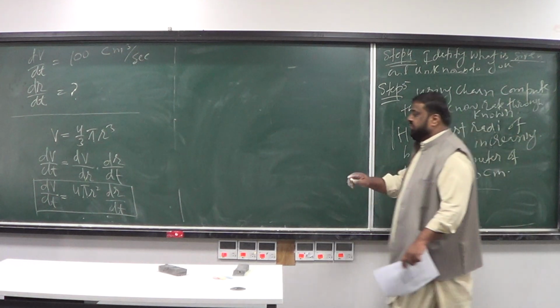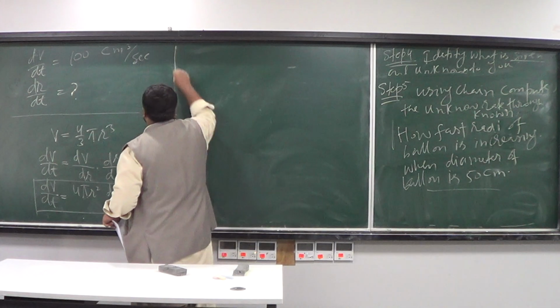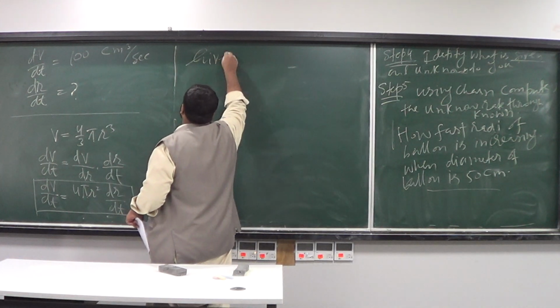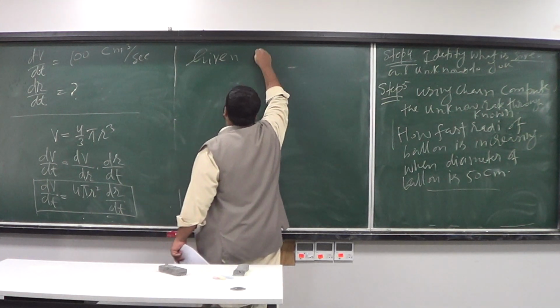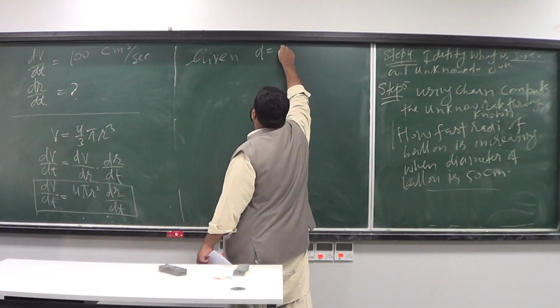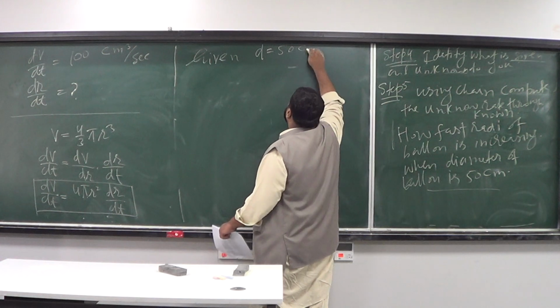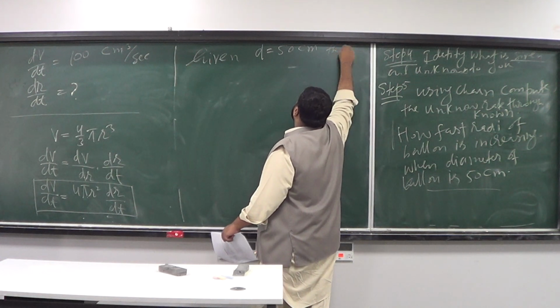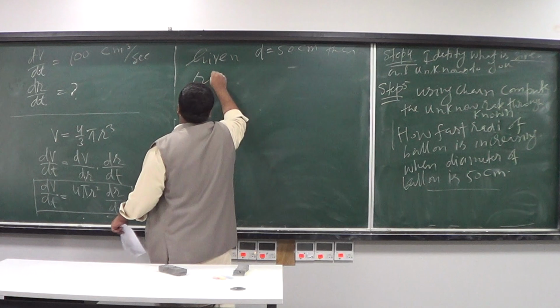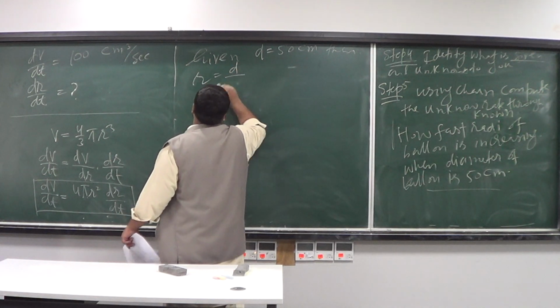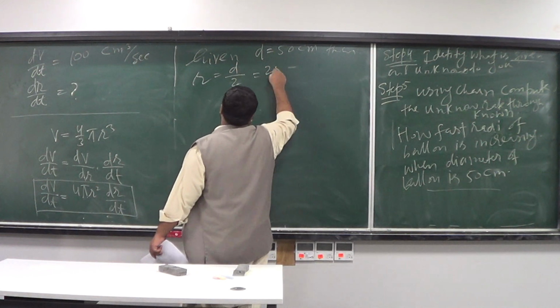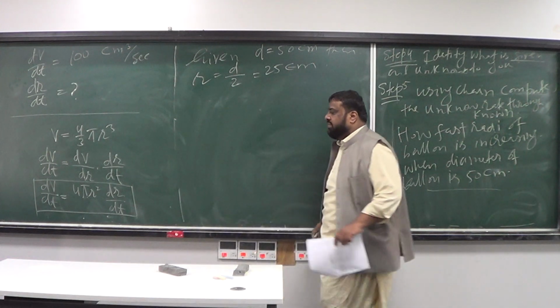Now I need to incorporate this. Given that the diameter of the balloon, say I call it D, is 50 centimeters, the radius is half of the diameter. So it's D by 2, which is 25 centimeters.